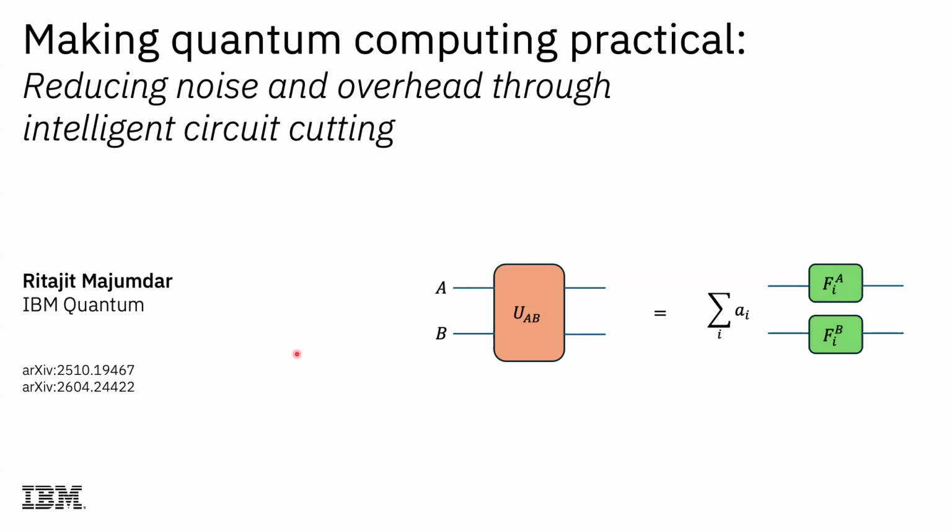The two methods that we will talk about, we don't claim that they make circuit cutting applicable to any circuit, but they are at least taking circuit cutting beyond what can be done today, and they go a long way to reduce the overhead of this method. So let's get started.